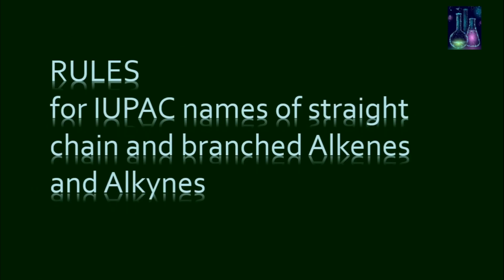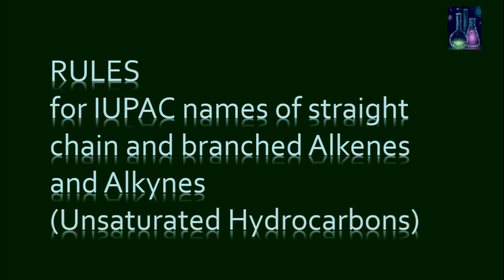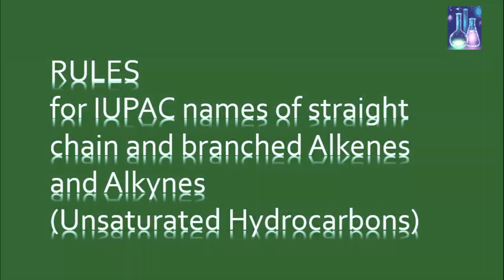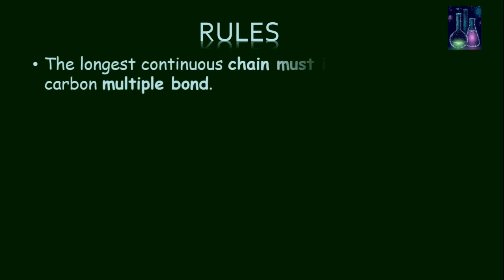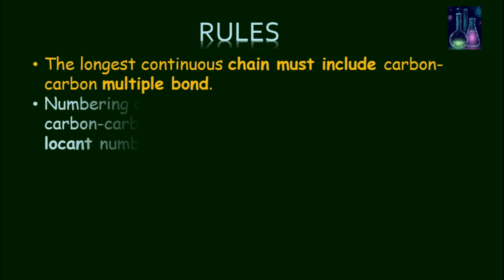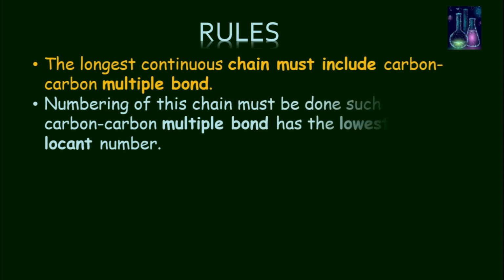So these are a few examples of the alkane series. Now IUPAC nomenclature for straight chain and branched chain alkenes and alkynes, that is unsaturated hydrocarbons. The rules are as follows. The longest continuous chain must include the carbon-carbon multiple bond, either a double bond or a triple bond. Second, numbering of this chain must be done such that the carbon-carbon multiple bond has the lowest possible locant number.